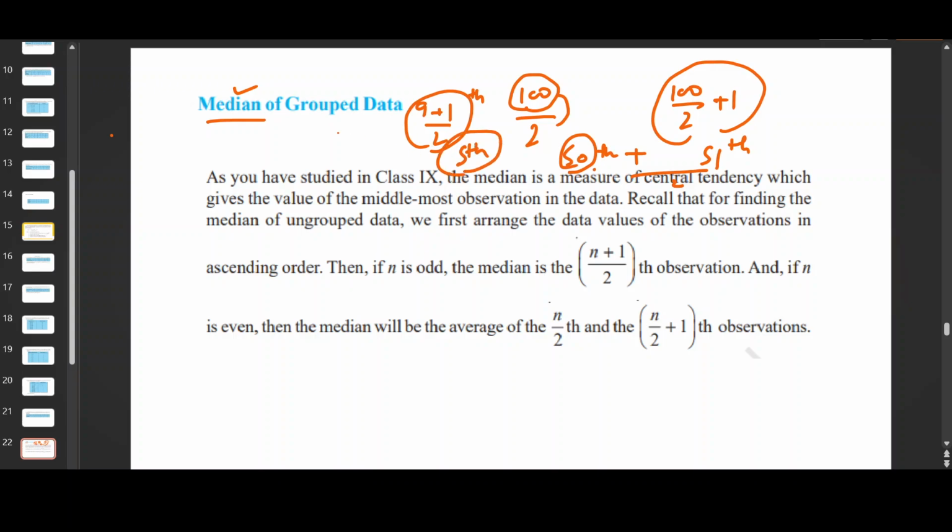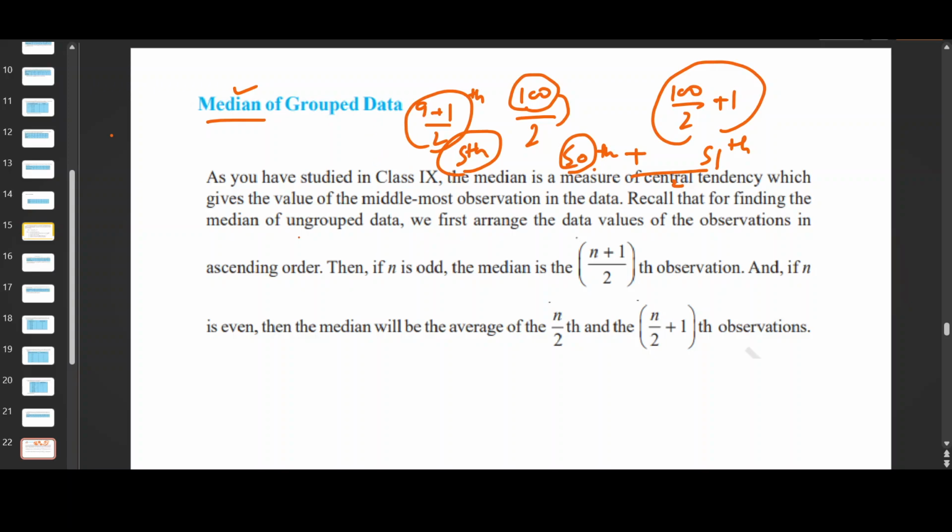The value of the 5th term will be the median, because for an odd value we get only one term, while for an even value we get two terms. So for median, find the mean value, find the average value, that will be the median. Now this was the understanding related to ungrouped data.